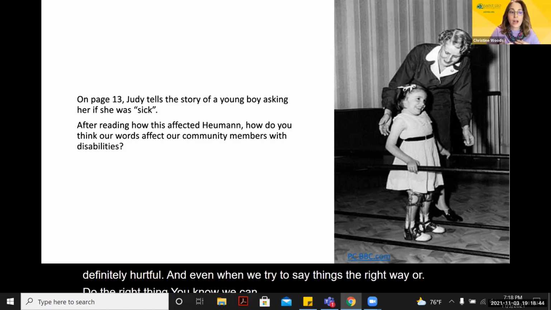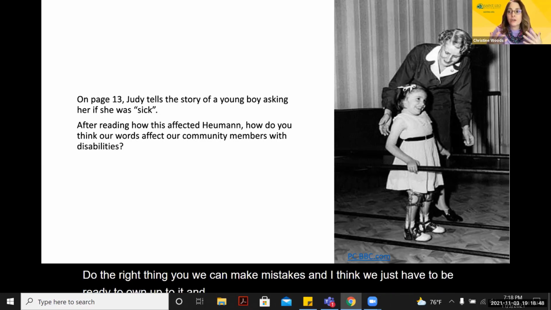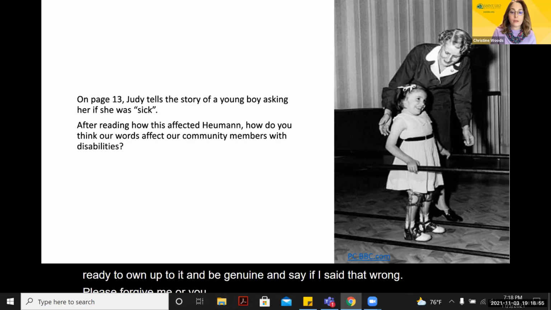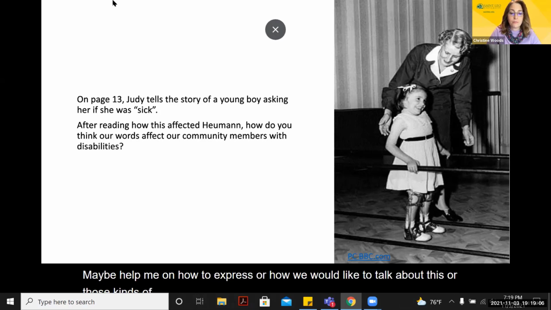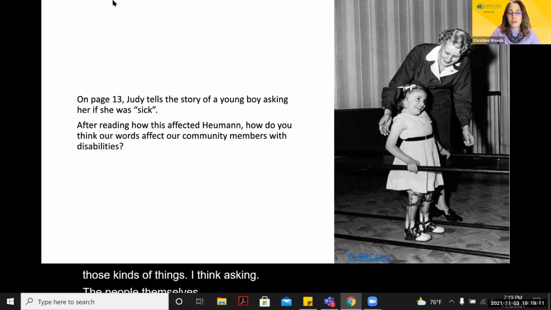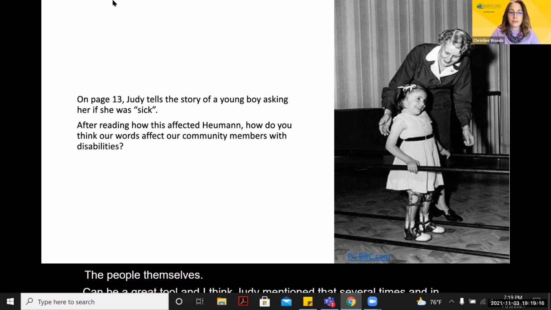I think we just have to be ready to own up to it and be genuine and say, if I said that wrong, please forgive me, or maybe help me on how to express this, or how you would like to talk about this. I think asking the people themselves can be a great tool. And I think Judy mentions that several times in her writing.